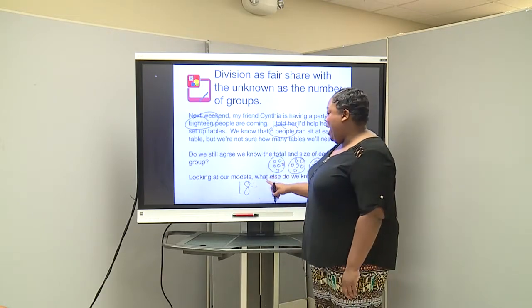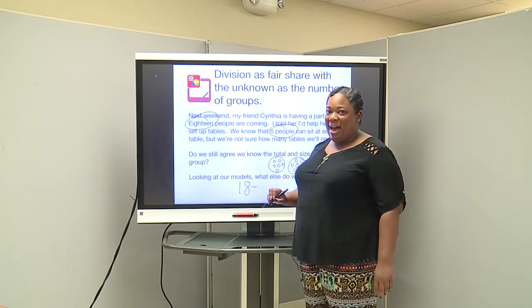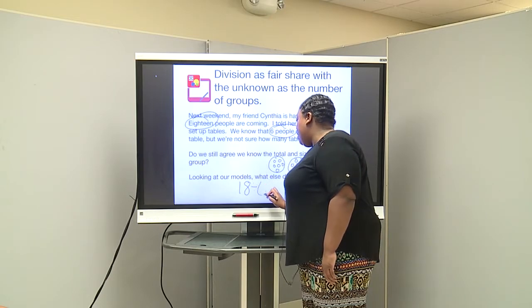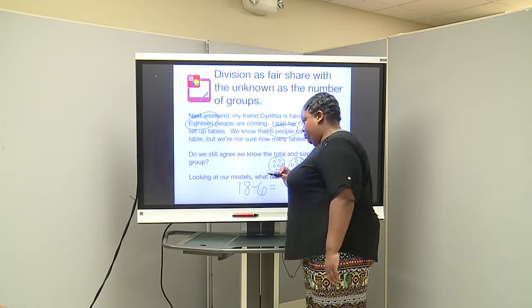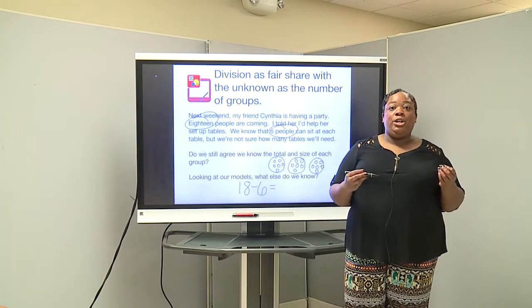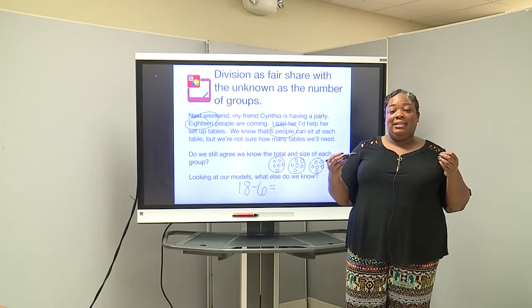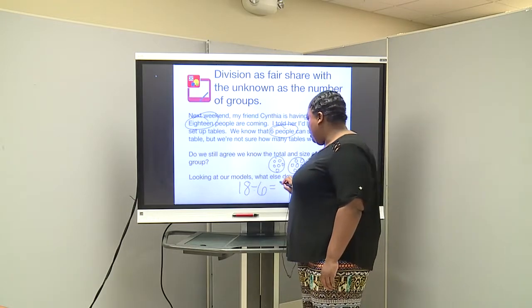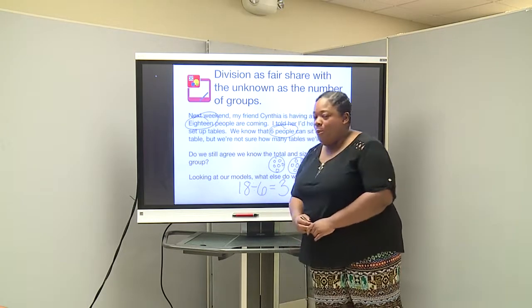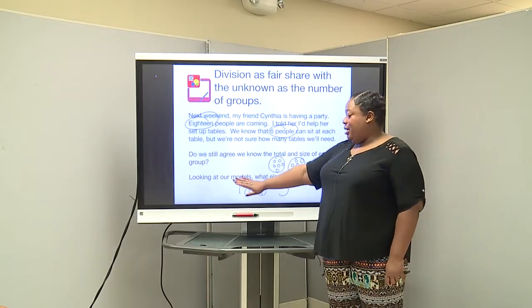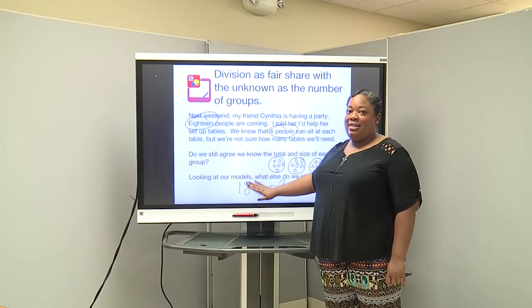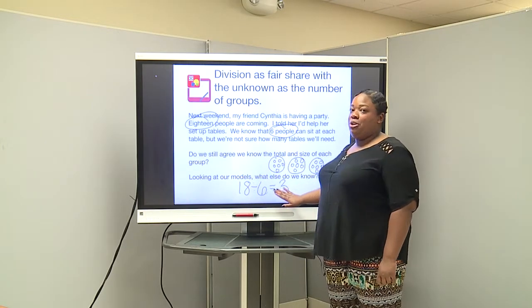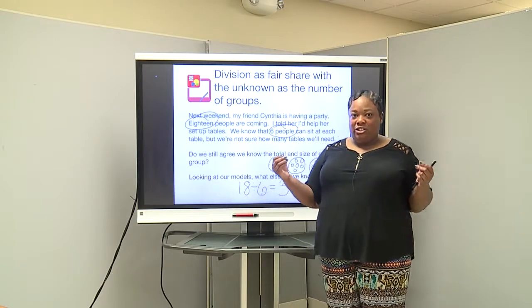So we're dividing the total by the size of the group. Now we know that 18 divided by 6 equals how many? 3. So here what we have is the total divided by the size of the group equals the number of groups.